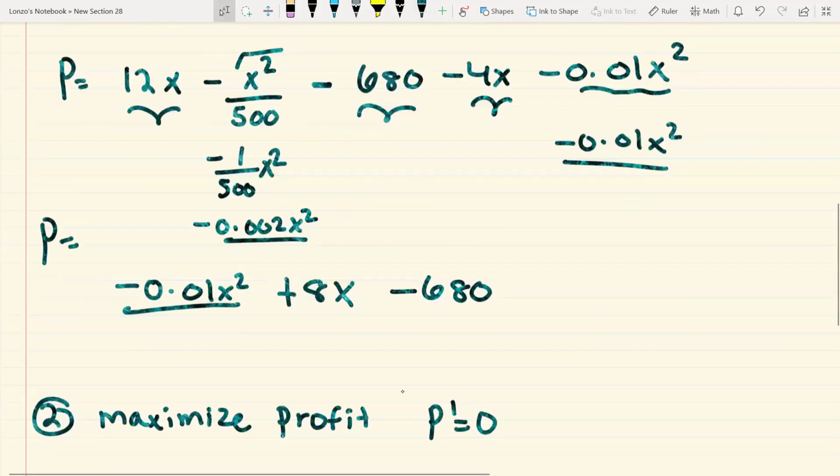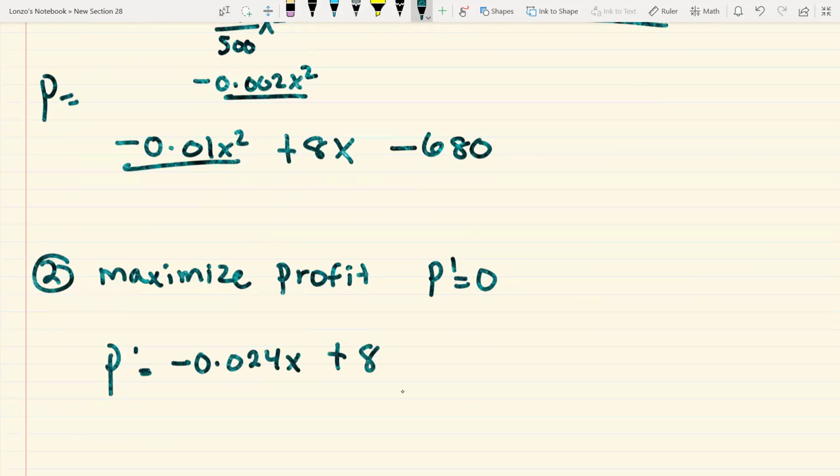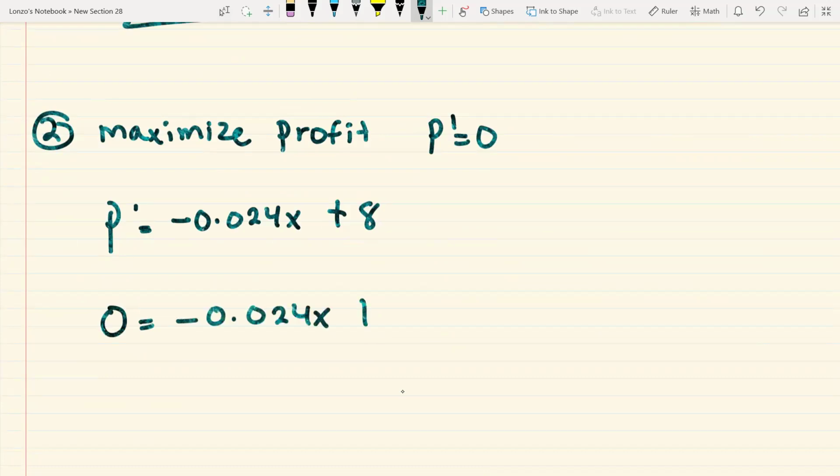So the derivative of negative 0.012x squared is negative 0.024x. The derivative of 8x is 8. And then the derivative of negative 680 is 0. Okay, set that to 0 and solve for x.